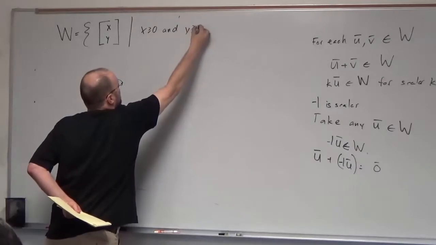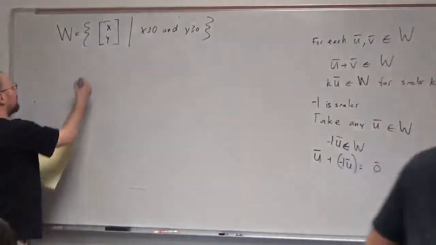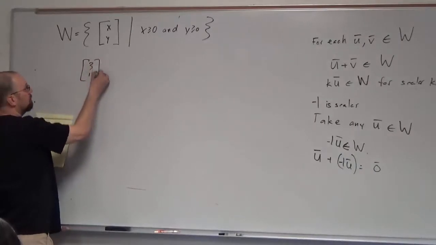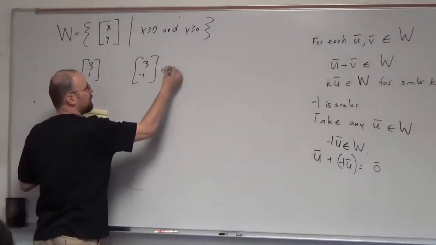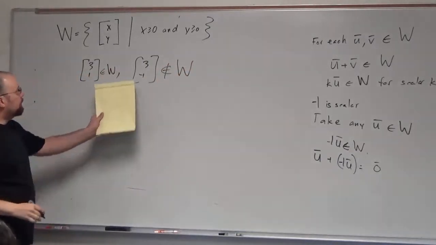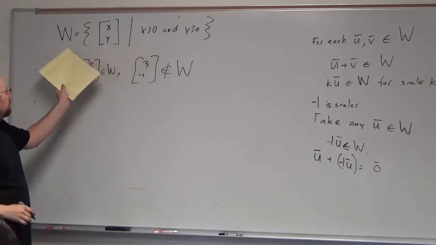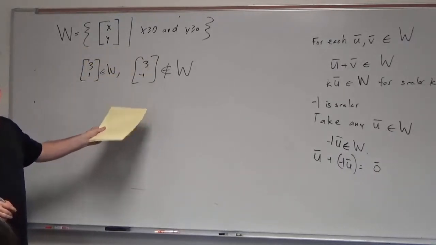Right? So for example, (3, 1) is in W, but (3, -1) is not in W, right? Because you only qualify to be in here if you don't have any negative entries.